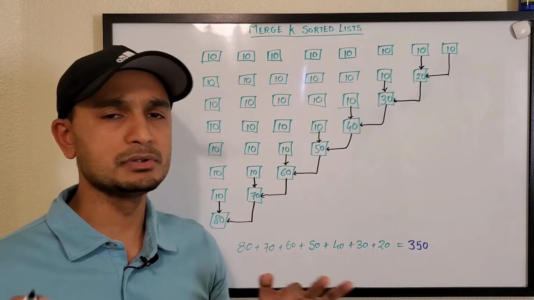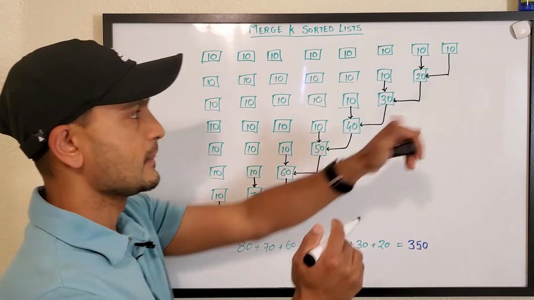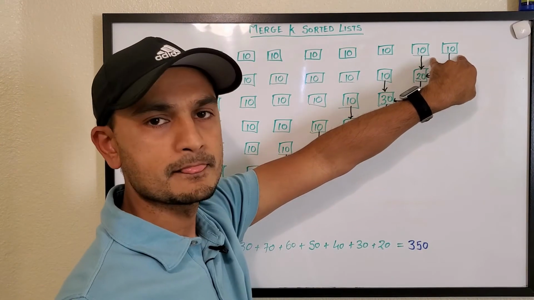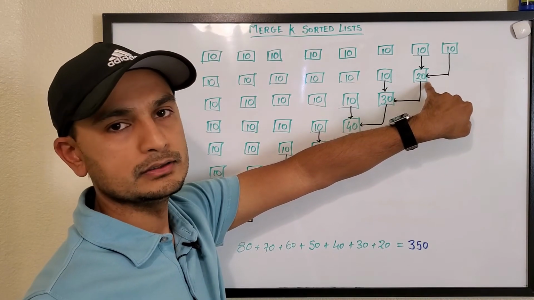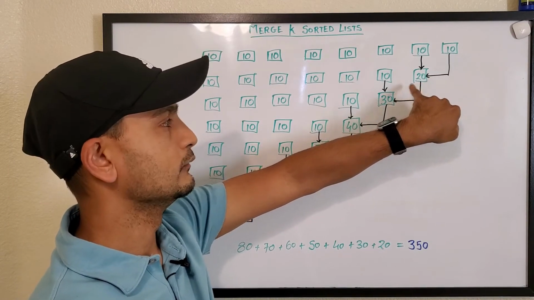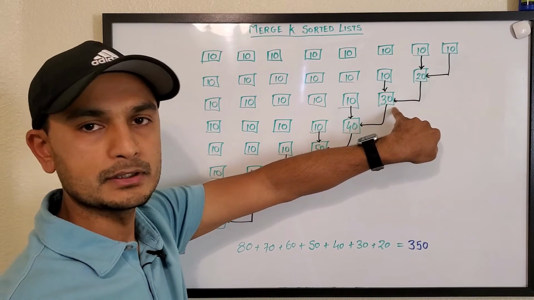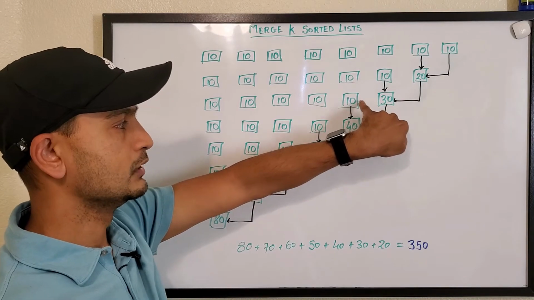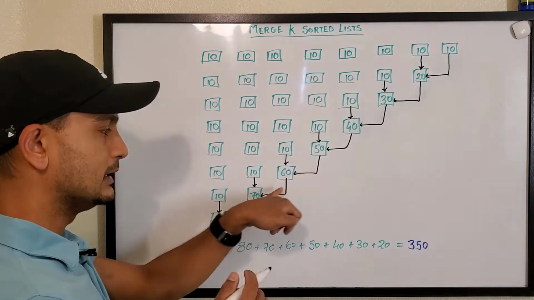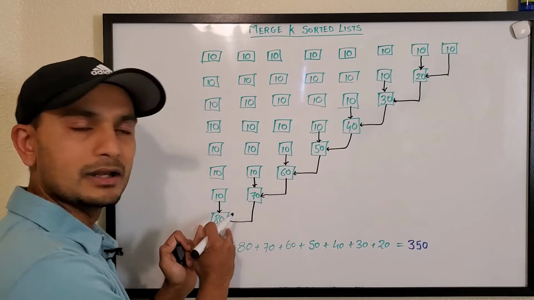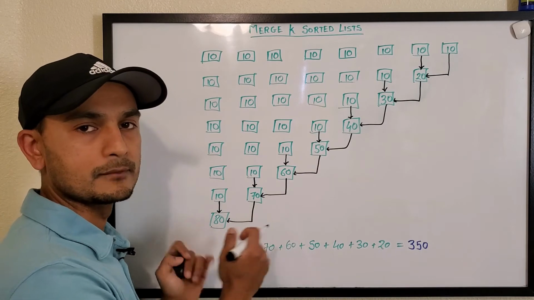In a simple brute force way, we'll take two lists and merge them into one, so we'll have 20 elements, and we'll hold on to that list and pick another list and merge it in, so we'll have 30 elements. Then we'll merge one more list, we'll have 40 elements, and likewise we'll keep continuing until we have all 80 elements in one single linked list, merged and sorted.